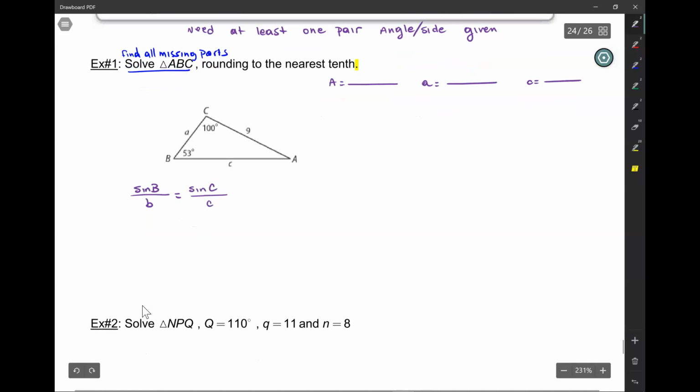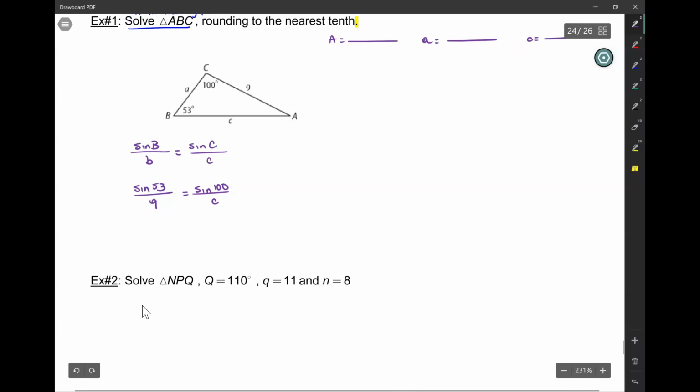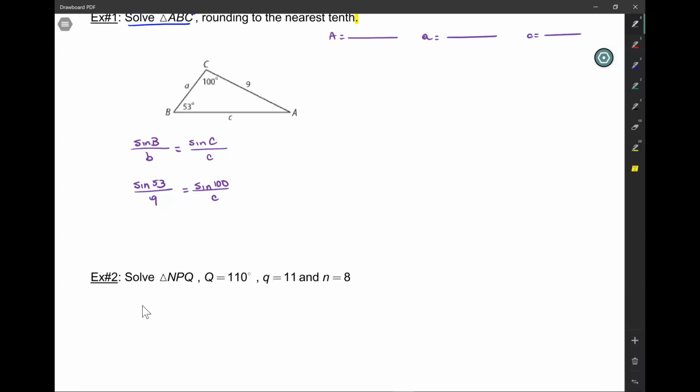Now let's plug everything in. Sine of capital B, 53, over little b, 9, equal to sine of capital C, 100, over little c. Let me show you the easiest way to do this if you have a proportion like this.